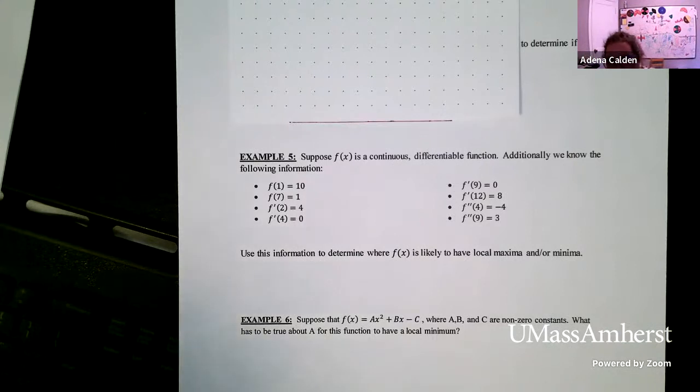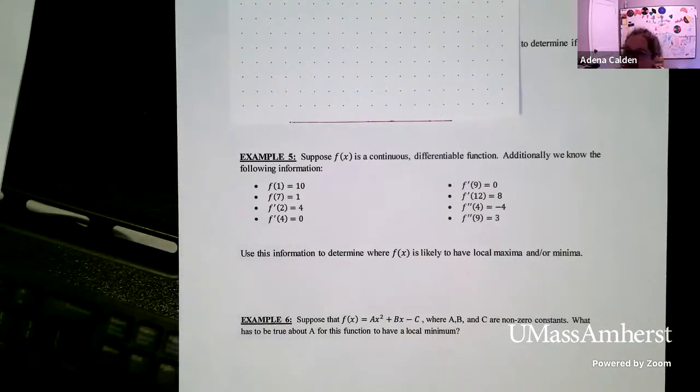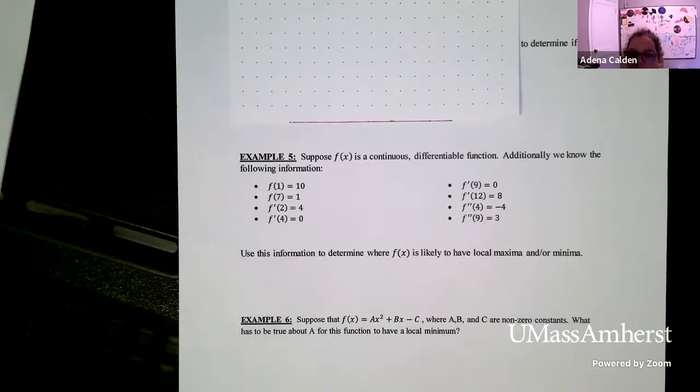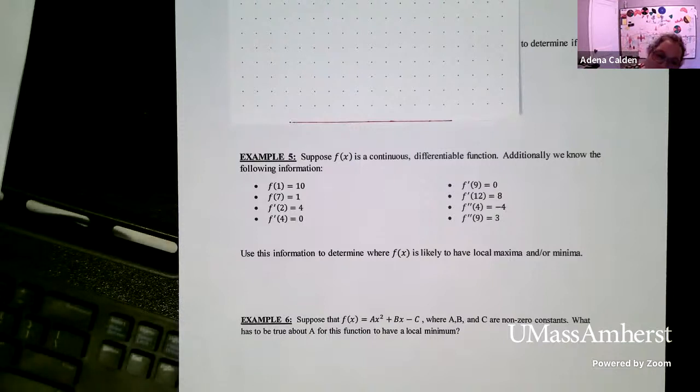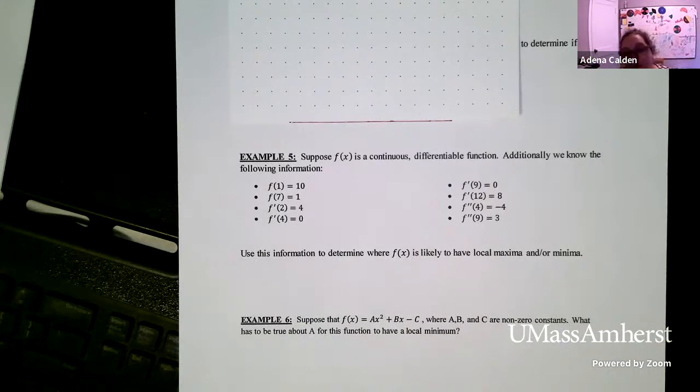I'd like you to take a good earnest look at this, and I'll give you 2 minutes so we have enough time to go through it. See what you can think about in terms of everything we've learned in this section, where those local max and mins might be, and if we have the ability to classify them, go ahead and see what you can figure out. If you can't figure it out, that's okay.